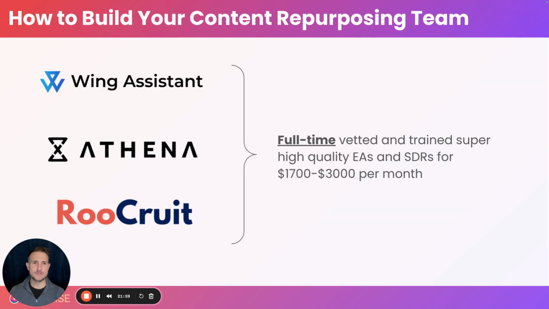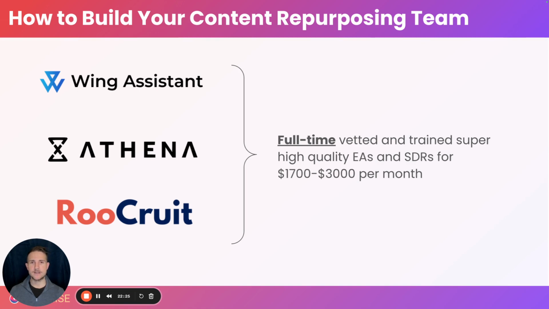How do you build your content repurposing team? These aren't the people who are going to write the original content, but once the original content is either video recorded or written, then you can use a part-time or full-time assistant from Wing or Recruit or Athena. These are incredibly well-trained EAs and SDRs that you can get on your team for anywhere from $1,700 to $3,000 per month. You can even do part-time.